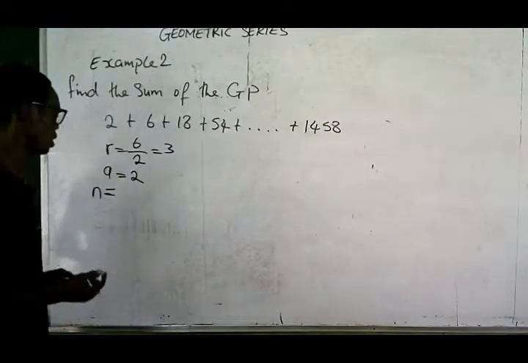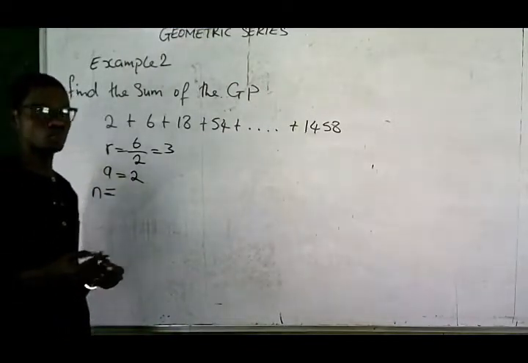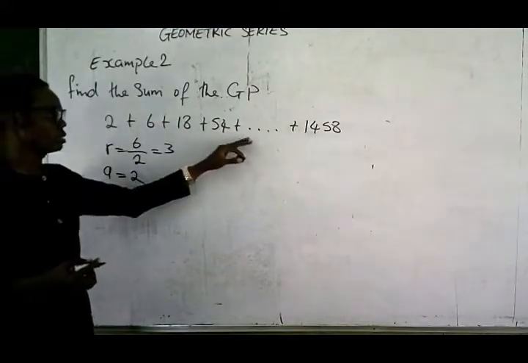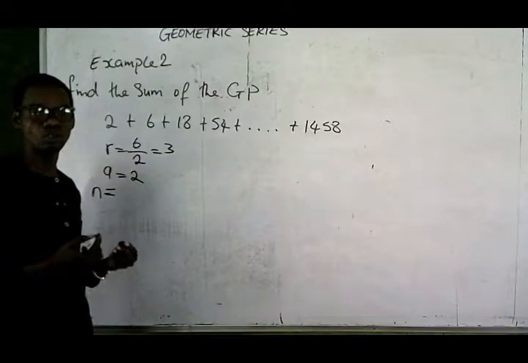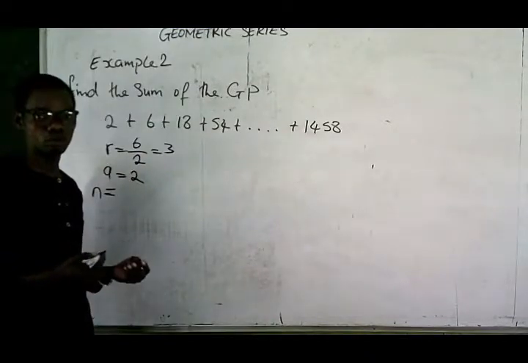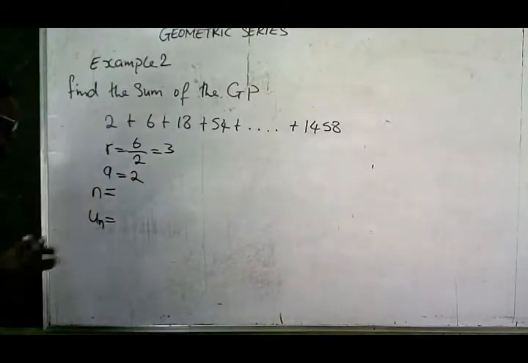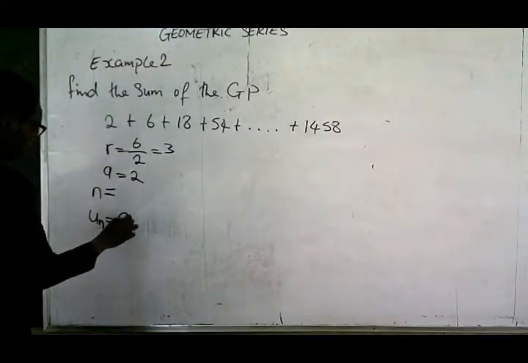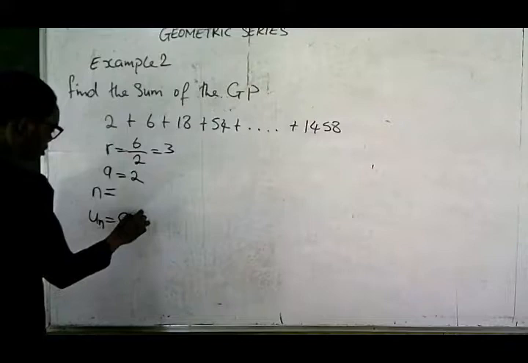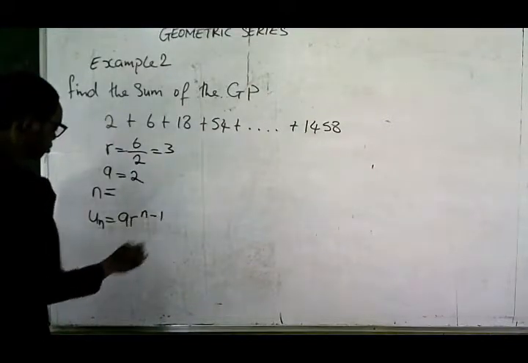So we will look for n. To get the number of terms, we will use the normal geometric progression formula, which says Un equals a r to the power n minus 1.